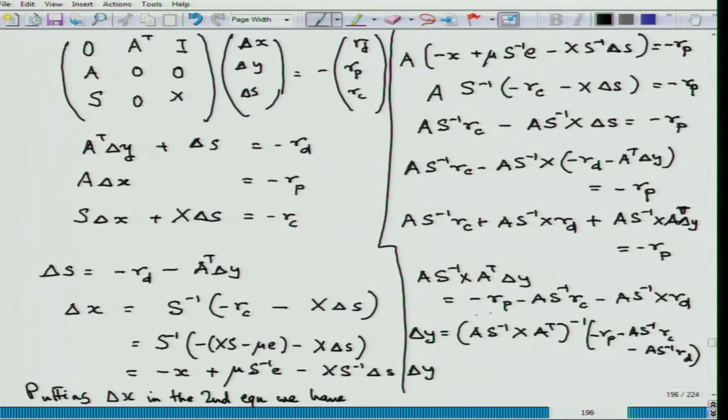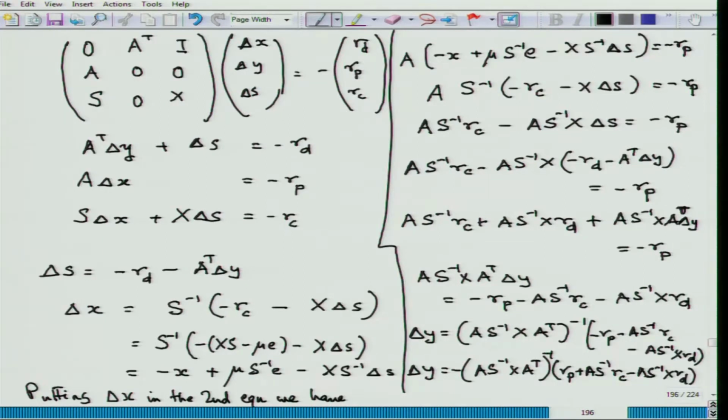Now, you must ask me why are you suddenly inverting this? Let us see why. Minus A S inverse x A transpose inverse times R P plus A S inverse R C minus A S inverse x R D. Now, why is this inversion done here?